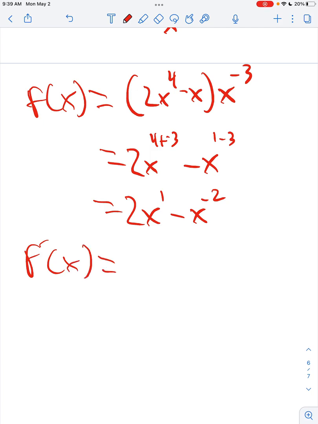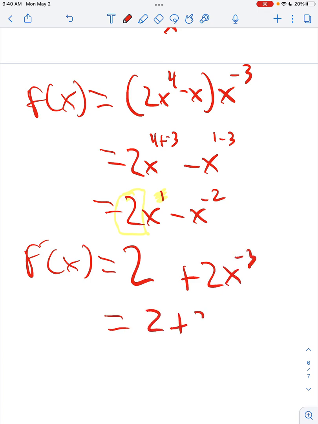If you notice that you have a power of 1, all you're left with is the coefficient. So in this case, my coefficient is 2, and then this is plus, well, negative times a negative is a positive, 2, and then again x to the negative 3, so 2 plus 2 over x to the third. That's the derivative.